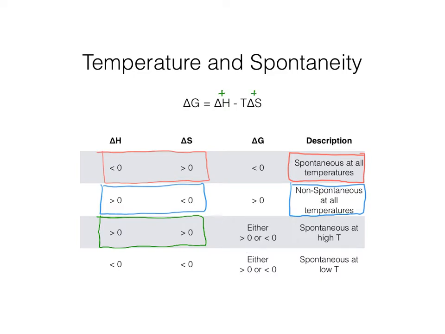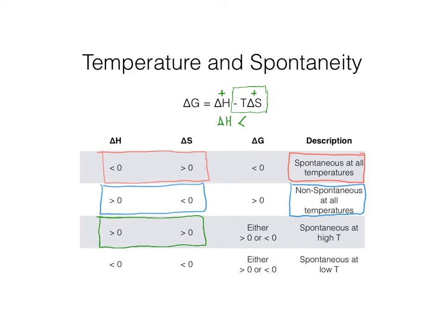In order for delta G to be negative, this T delta S term has to be bigger than the delta H term.